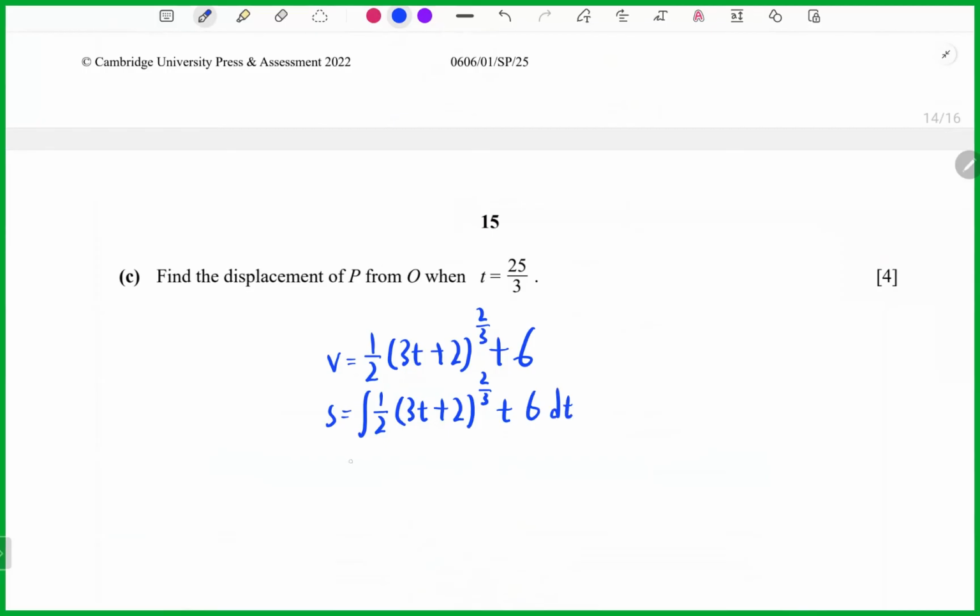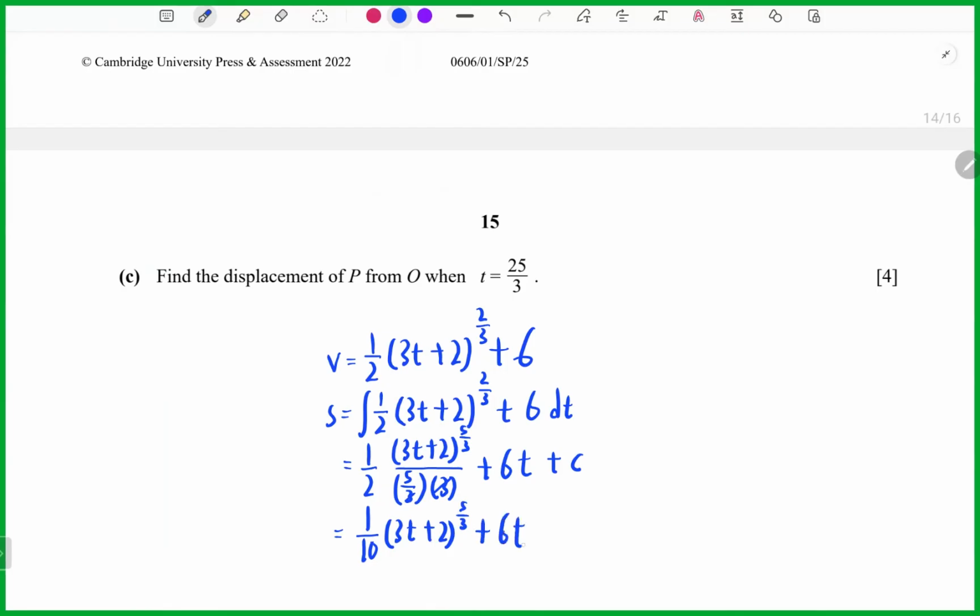I can take 1/2 here, (3t + 2) to the power of 5/3 over 5/3 times 3, plus 6t plus C. So it becomes 1/10 (3t + 2)^(5/3) plus 6t plus C.